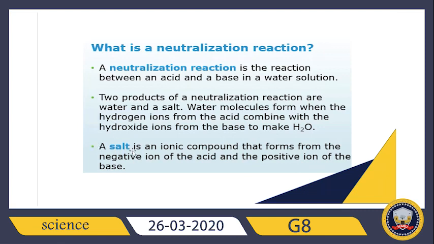Guys, a salt is an ionic compound that forms from the negative ion of the acid and the positive ion of the base. So again, the neutralization reaction is a reaction between acid and base. It will result in the formation of salt, which is an ionic compound, and also a water molecule.